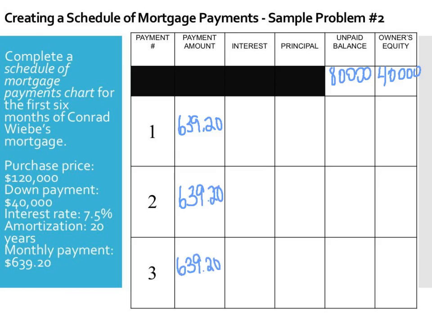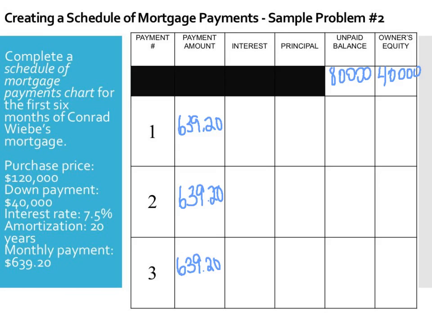Okay, and now I'm going to go across the first month column and fill in all the information. For the interest payment, we're taking the monthly payment and we want to figure out how much of that amount is going to the bank as their charge for giving us this mortgage, and how much is actually going to the principal in owning the house. Or in this case, not my house, it's Conrad's house.